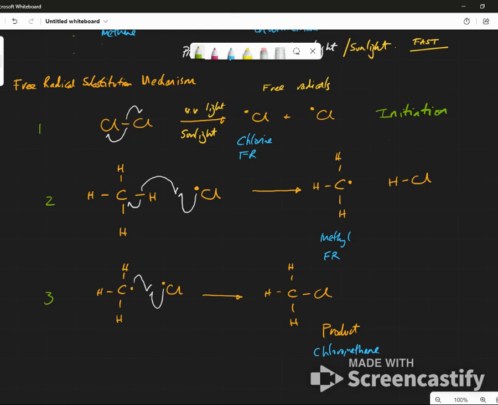The next one is when one of the free radicals attacks something and another free radical is formed. This keeps the reaction going. This is called propagation. So the first reaction is initiation. The second reaction is known as propagation. And the last reaction, when 2 free radicals come together to form the product, is known as termination.